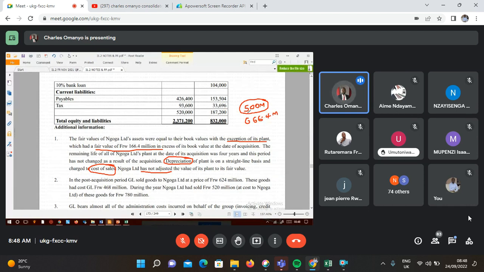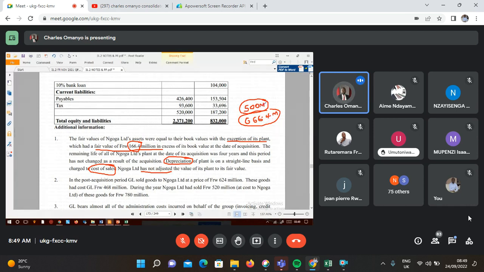How have I got 666.4? Remember, I've just created the 500 million so that I can explain. The value of the plant was 500 million and you found it was understated by 166.4, which means the actual value was supposed to be 500 million plus 166.4, which gives 666.4.